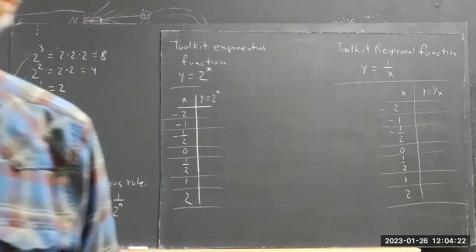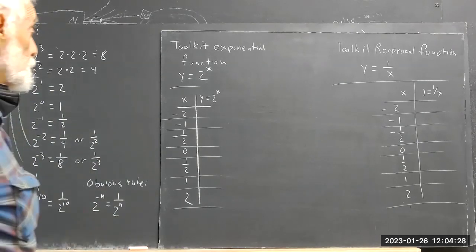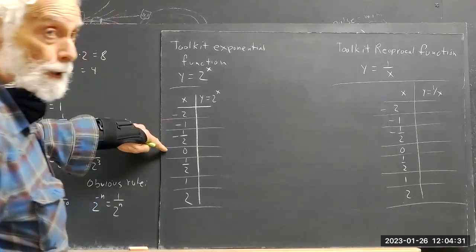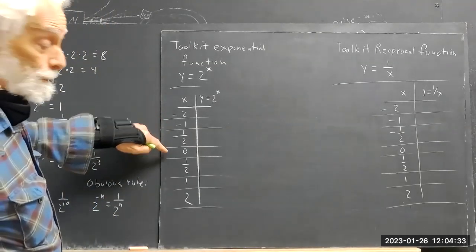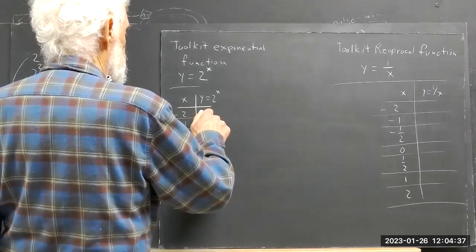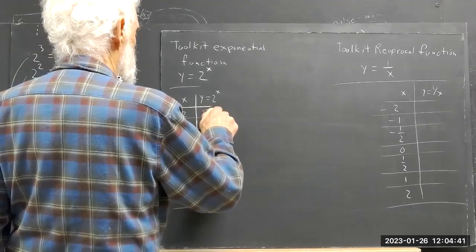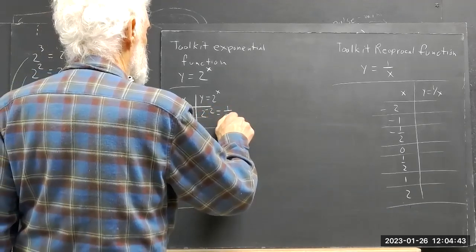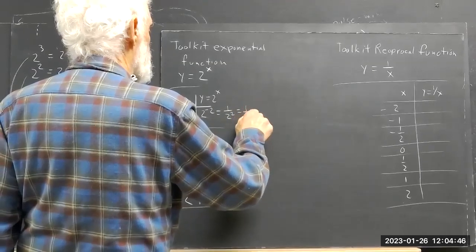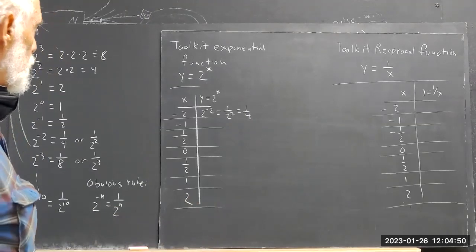Now, if you don't know that rule, you're not able to evaluate these negative exponents. So now you see that 2 to the negative 2 has to be 1 over 2 squared, which is 1/4.